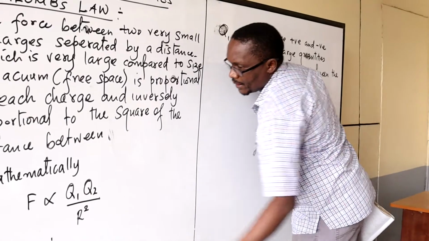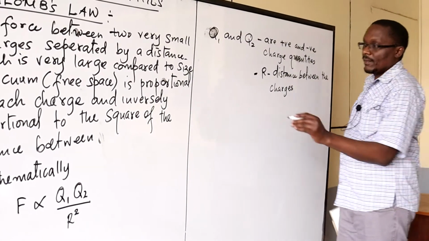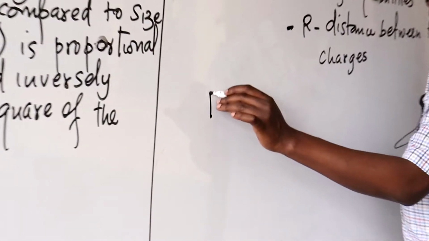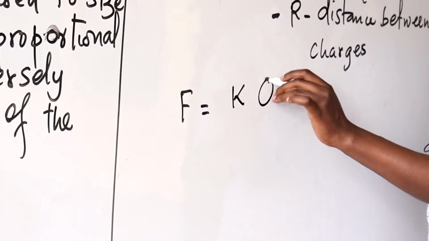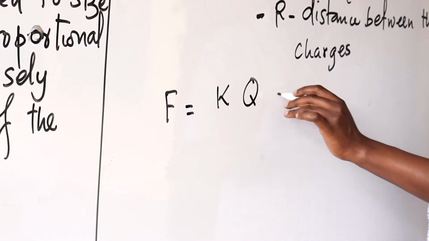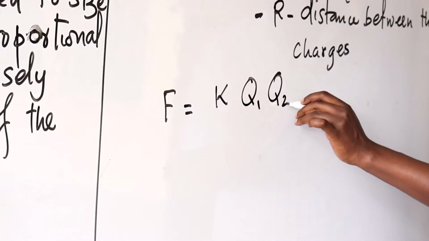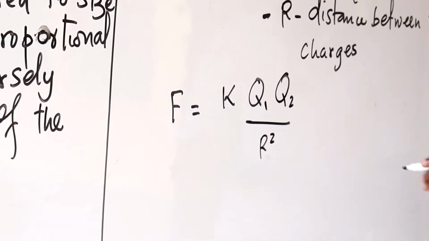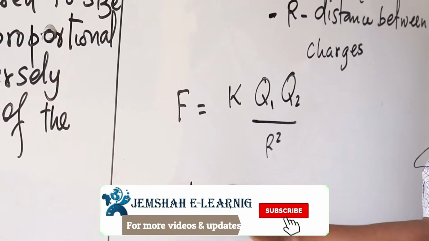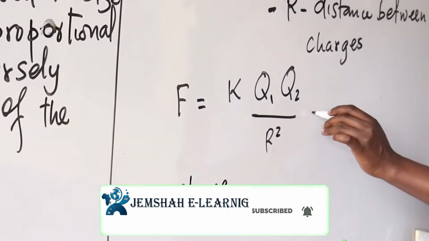If we are to remove the proportionality symbol, then we can say that F can equally be represented as K Q1 Q2 all over R squared, and let me call this equation 1.